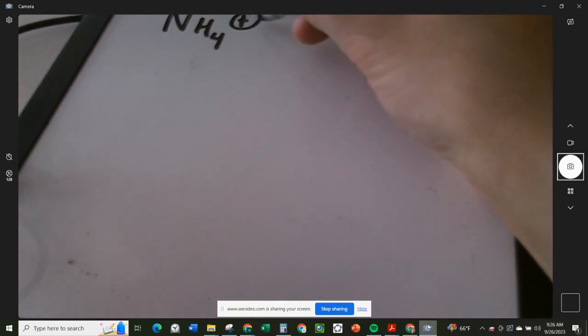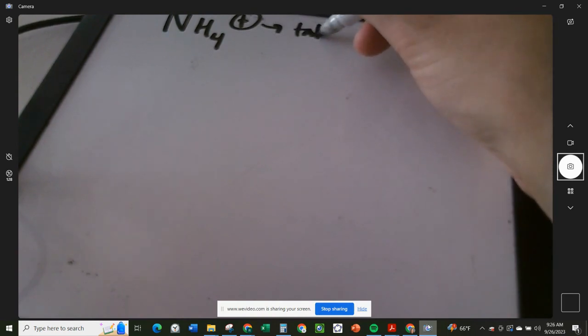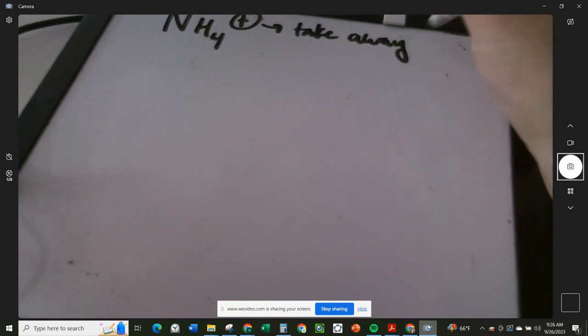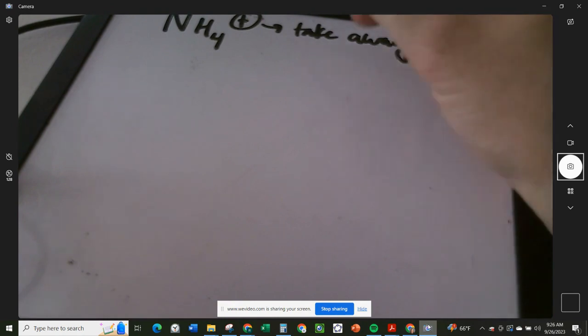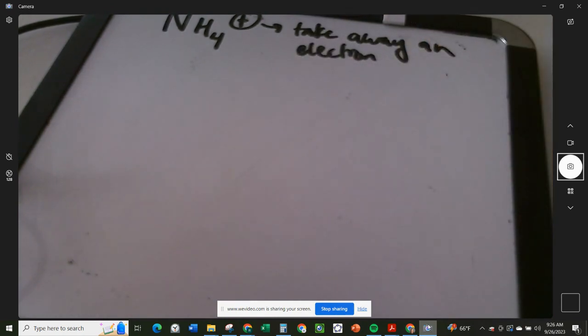NH4+ is telling us to take away an electron. So if we had a 2 plus charge, we would take away 2 electrons. We just have a plus charge, 1 plus.